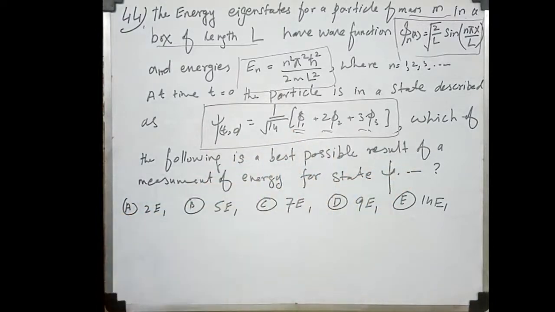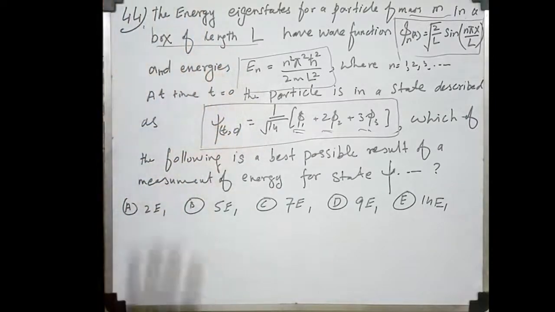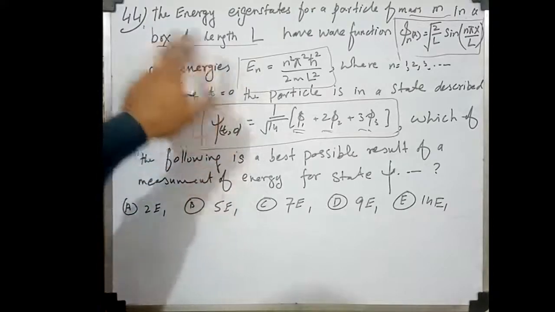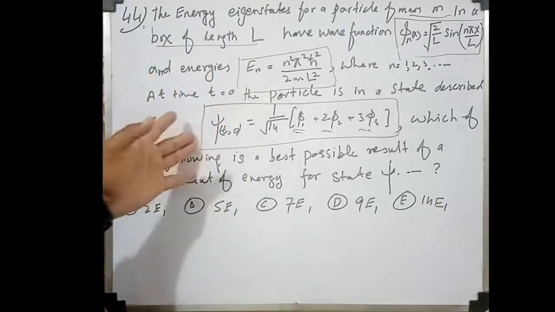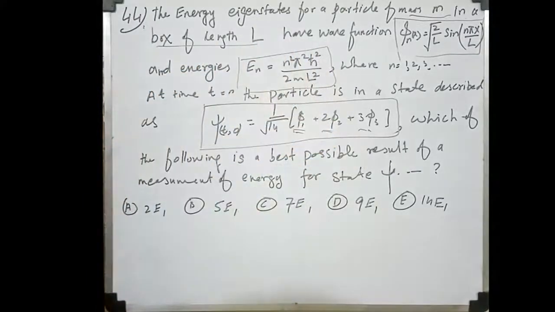So we have to find the energy for the state. The formula for the energy of the states is given in this problem, so we have nothing to do with this and this. We only take this formula and start to find the energy relations.